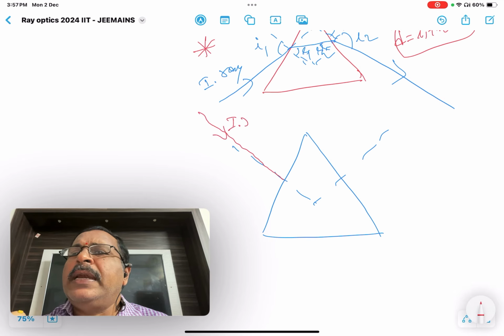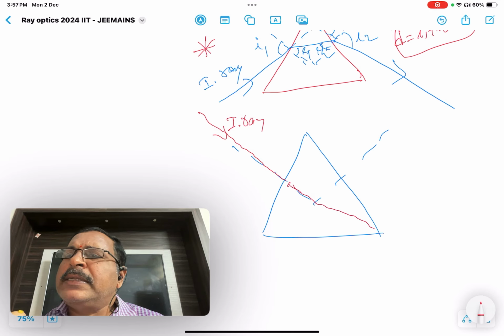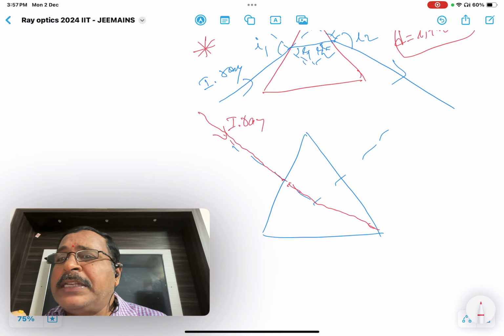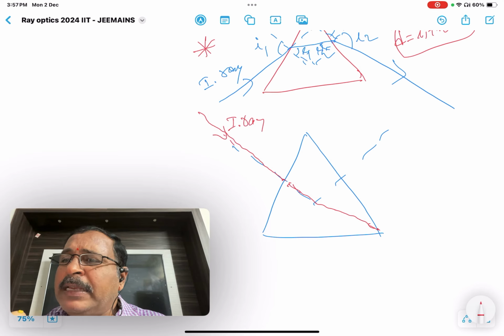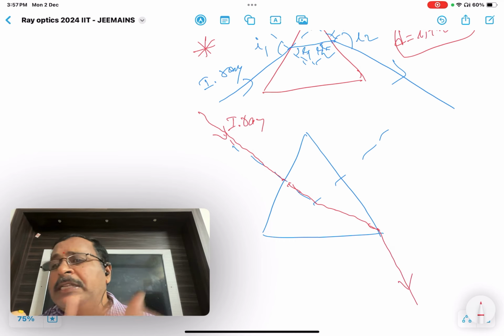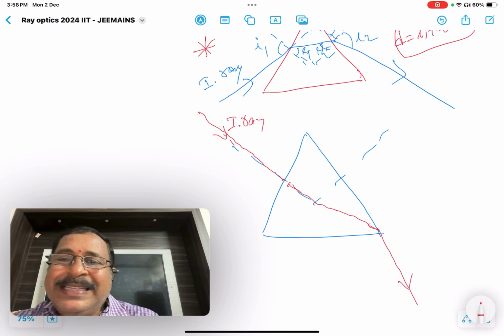It is the incident ray, and without getting any refraction it directly strikes the second surface, and it emerges out just by grazing the second surface.